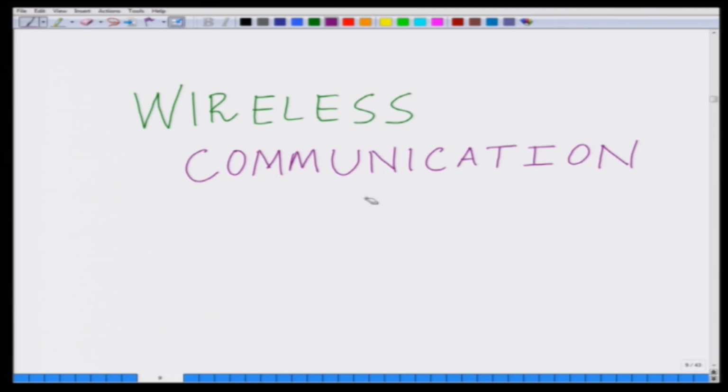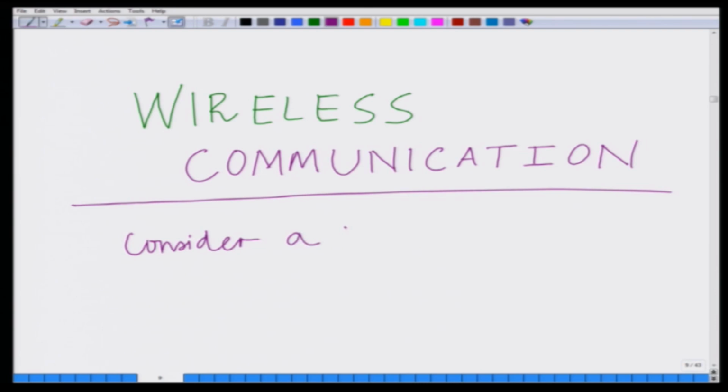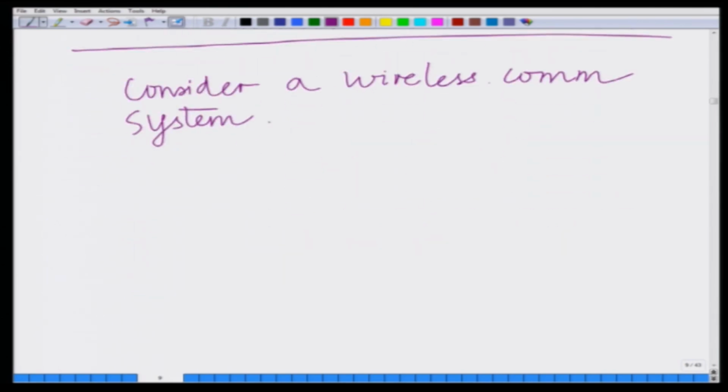So, let us consider a wireless communication system. Now, naturally, in wireless communication or any communication, it takes place between a transmitter and a receiver. So, in a wireless communication system we have a transmitter and a receiver which are communicating over a wireless channel.